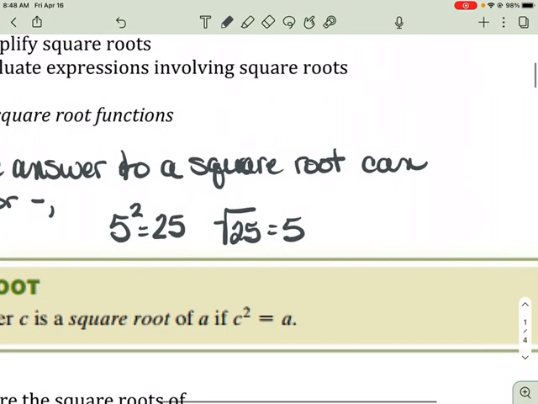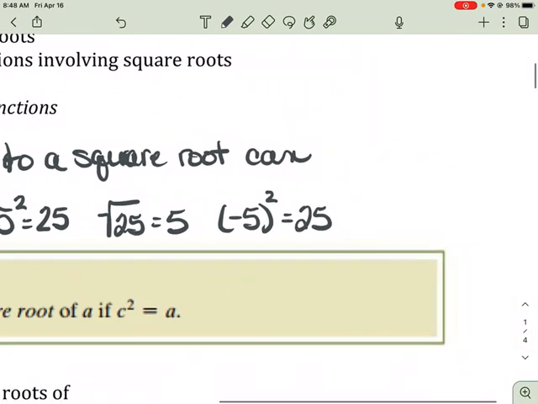But negative 5 squared is also equal to 25, so we can also get the answer of negative 5.